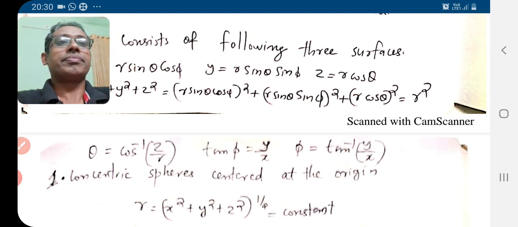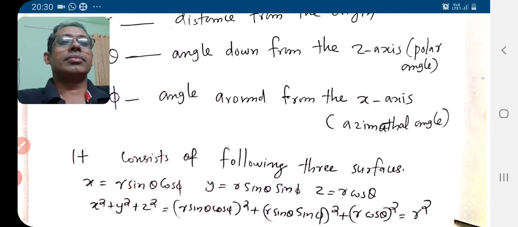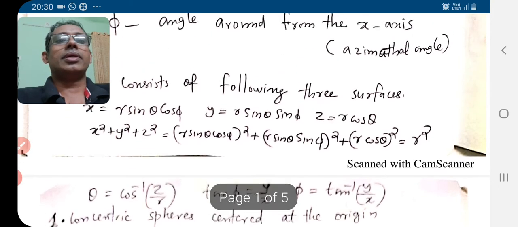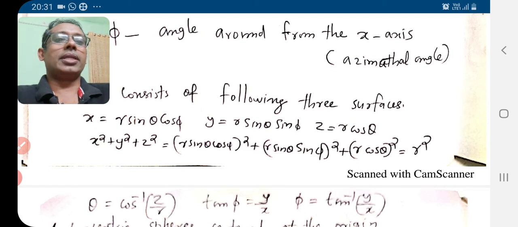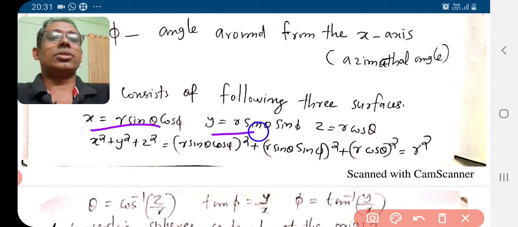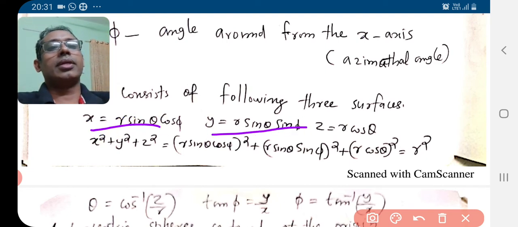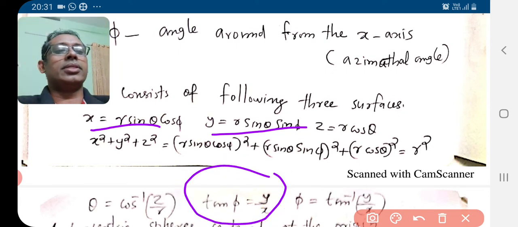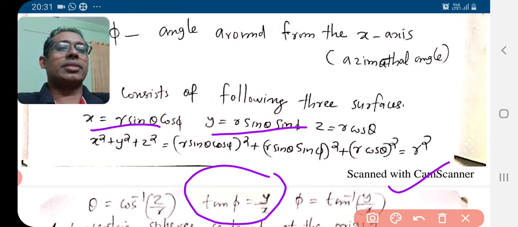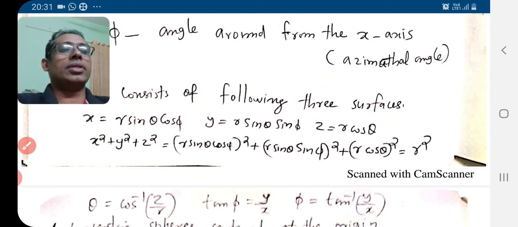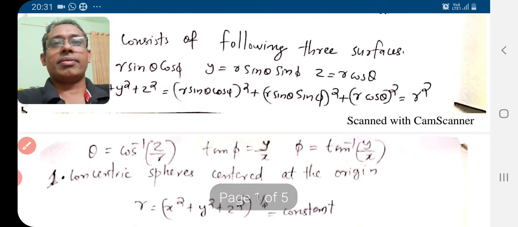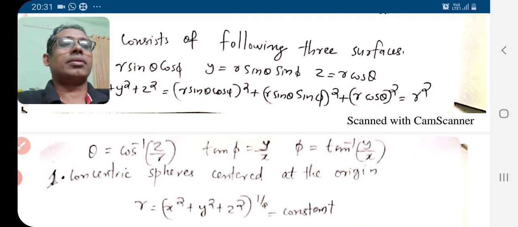And if you divide y by x, you will get tan phi. Tan phi is y by x, so phi is tan inverse y by x. Z is r cos theta, and so theta equals cos inverse z by r.